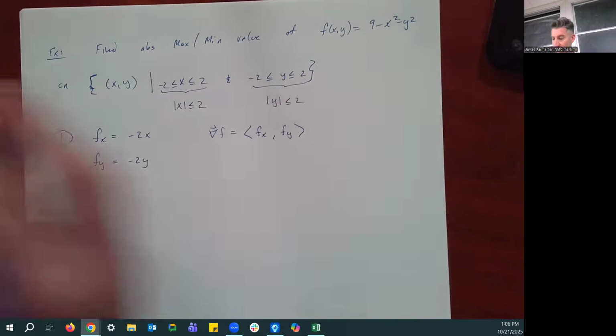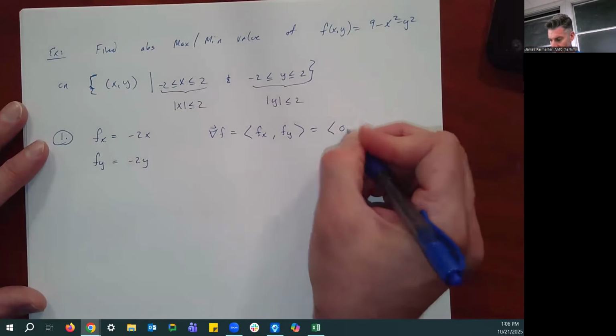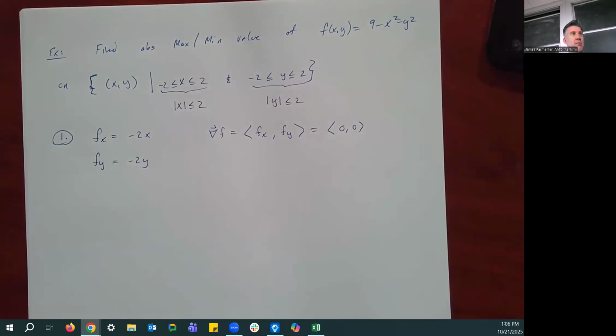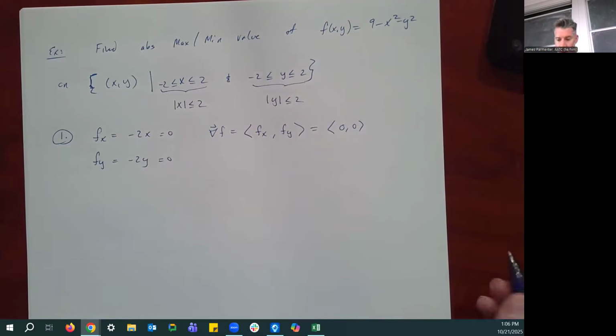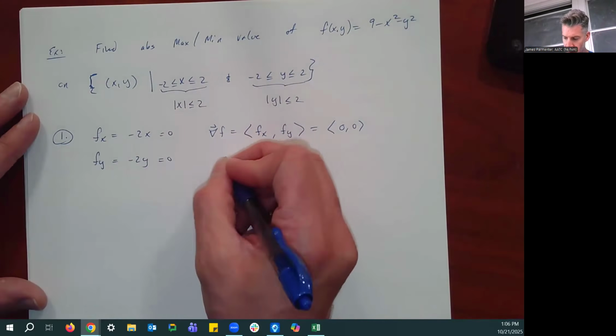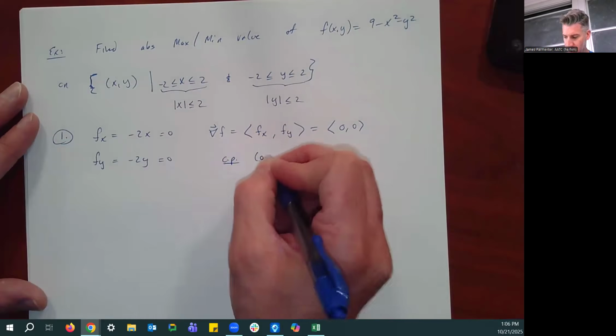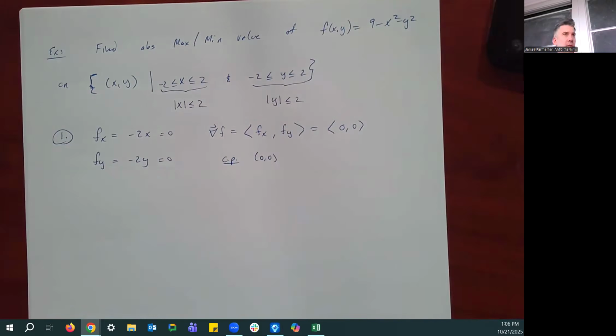You're just setting the gradient equal to the 0 vector. That makes sense because you're trying to find out where essentially your tangent plane is flat. So every directional derivative is equal to 0, which would mean the gradient would have to be 0. But it's easy to solve that, right? In this case, you're just going to get x equal to 0 and y equal to 0. So your one true critical point often is going to be the origin. It's pretty typical.